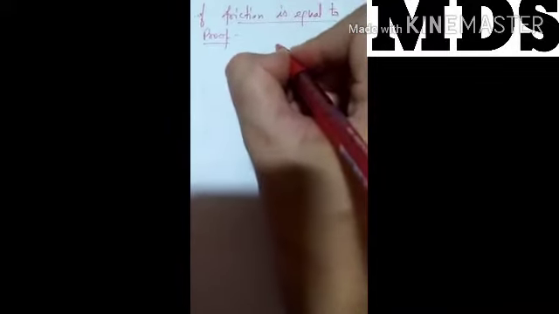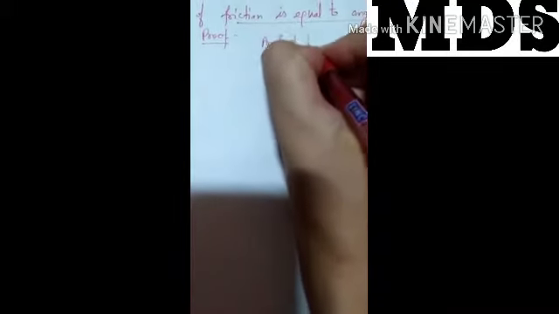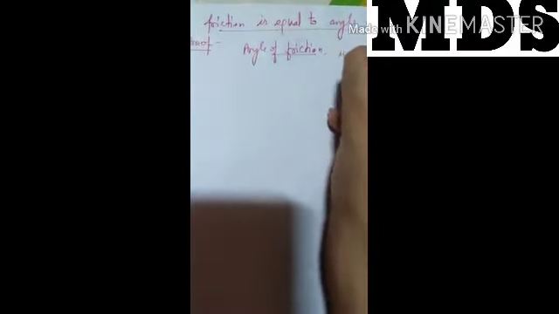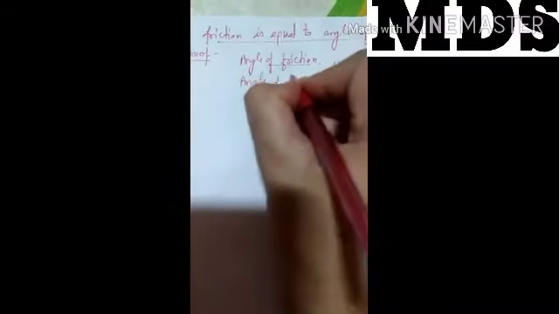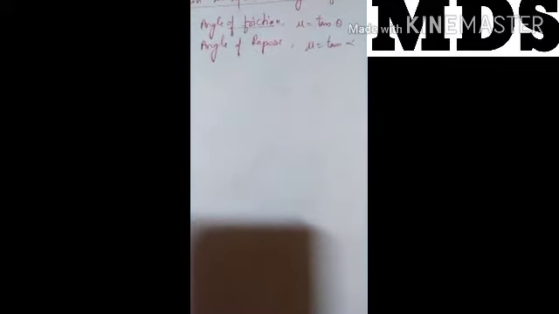From that relation, for the angle of friction you can write mu equal to tan theta. For the angle of repose we can write mu equal to tan alpha. We have done this already: mu equal to tan theta, mu equal to tan alpha. The angle of friction is theta, the angle of repose is alpha.